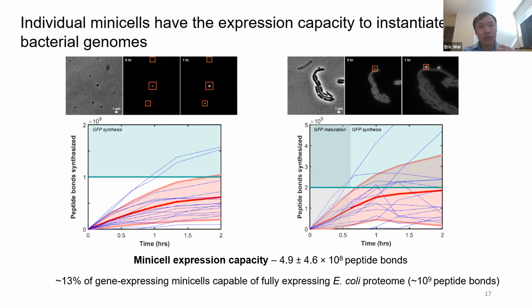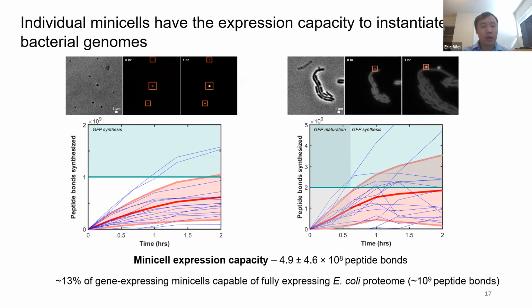And so we used time-lapse microscopy in order to follow the progression of expression of GFP fluorescence over a couple hours, and we saw from individual minicells that there was a dispersion of expression of GFP.